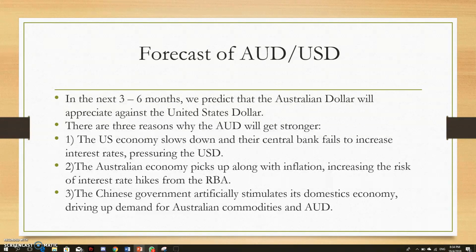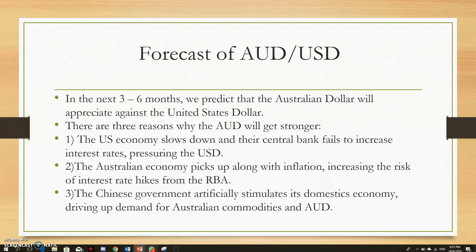Next, for the forecast of AUD and USD, we predicted that the Australian dollar will appreciate against the US dollar in the next 3 to 6 months. There are 3 reasons why the AUD will get stronger. The first one, the US economy slows down and the central bank fails to increase the interest rate, pressuring the USD.